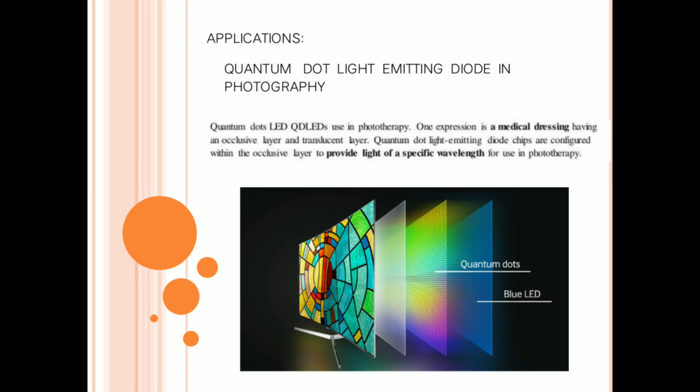Quantum dot light emitting diode chips are configured within the occlusive layer to provide the specific wavelength for use in phototherapy. You can see in the picture that there are layers of quantum dots, and the last layer is a blue LED. We have many colors in it, and the various colors are displayed as quantum dots, as labeled in the diagram.